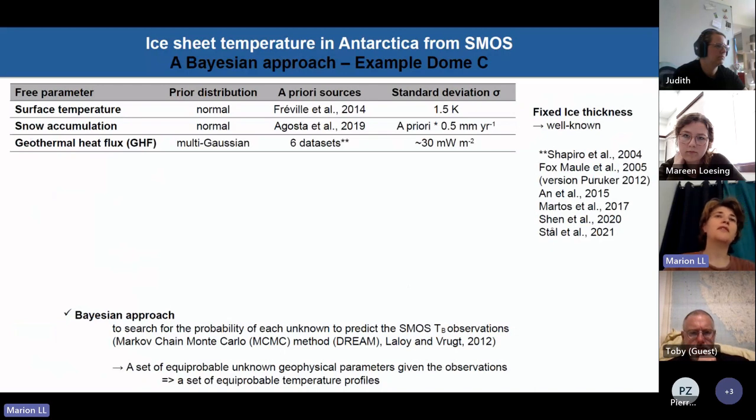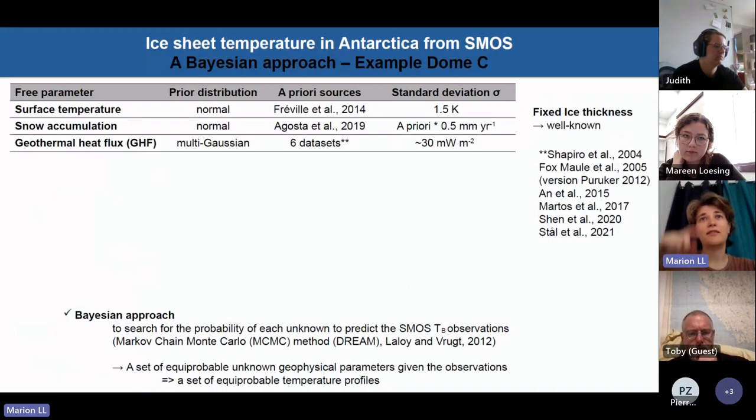But for geothermal flux, it's much more complicated because, as you know, we have large uncertainties over Antarctica, and we have several data sets with sometimes large differences. So to take into consideration each data set with all the possibilities, we define as a prior distribution a multi-Gaussian distribution.